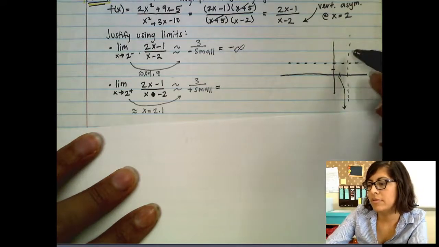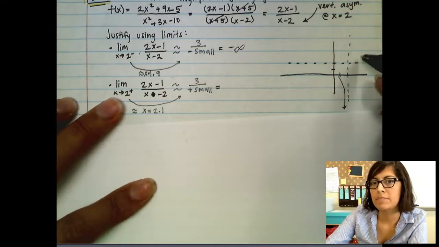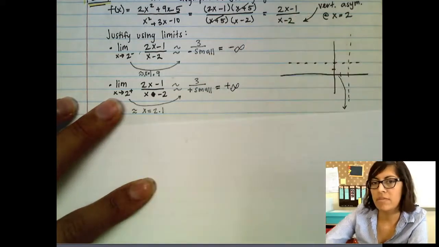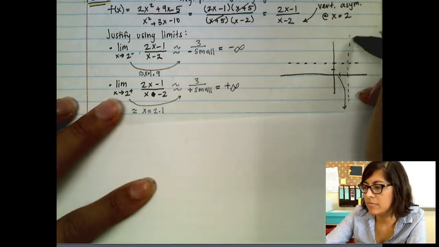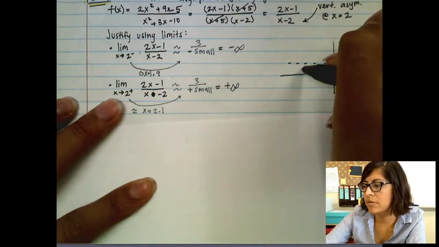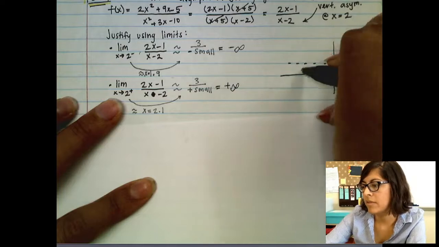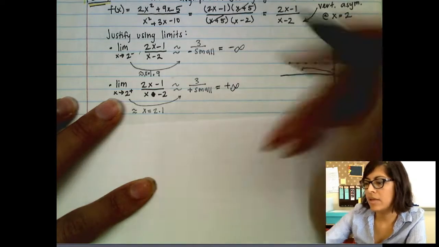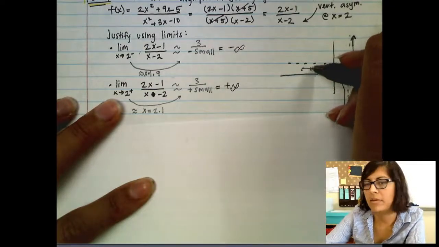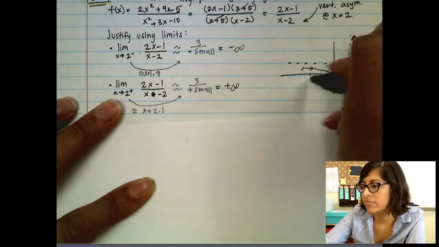And as we get closer and closer from the right, it goes towards positive infinity. I already told you that there's a horizontal asymptote. This one's going to look like this. And again, we have a hole at -5, so there'll be a hole around here somewhere at -5.